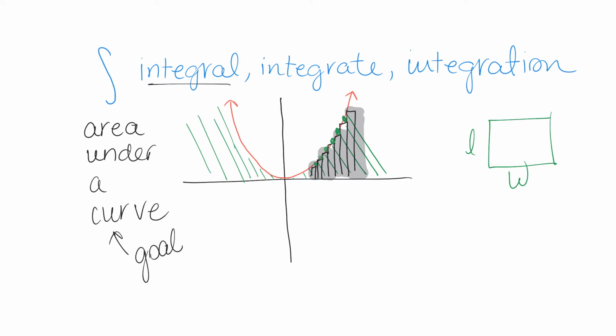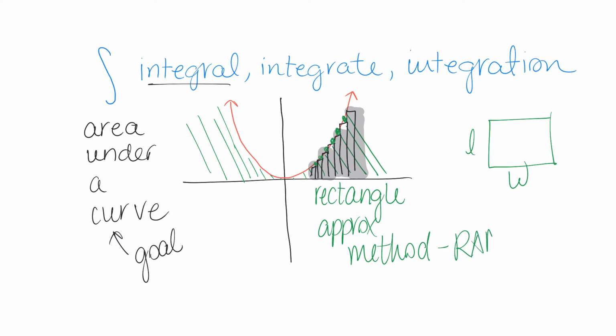So it becomes very difficult. This is called the rectangle approximation method, which is also known as RAM. But it's not that great.